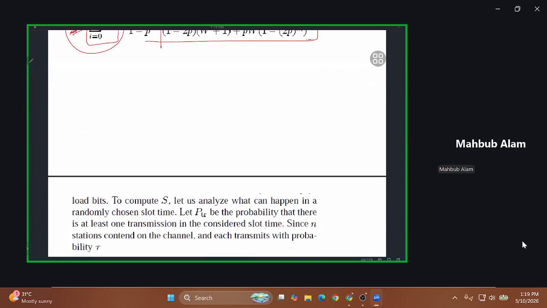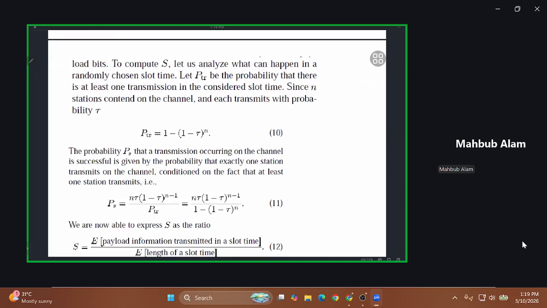The first quantity that we can calculate is PTR. What is PTR? Probability that there is at least one transmission in a particular slot time. So if this is a random slot, what is the probability that there is a transmission there? So a transmission will be there if at least one station transmits.